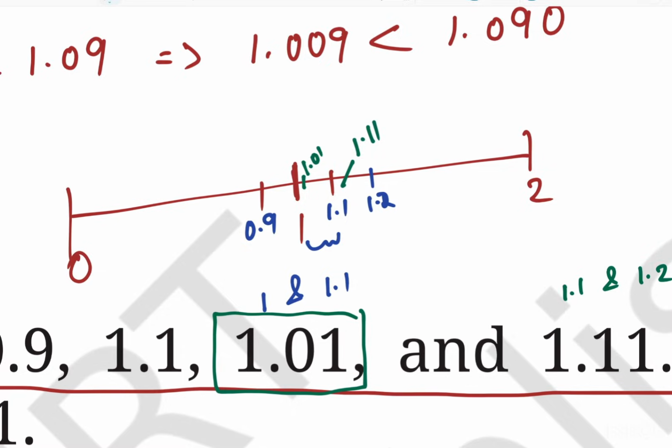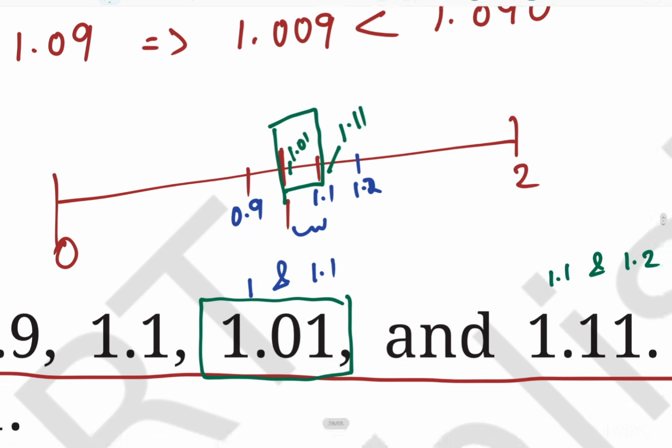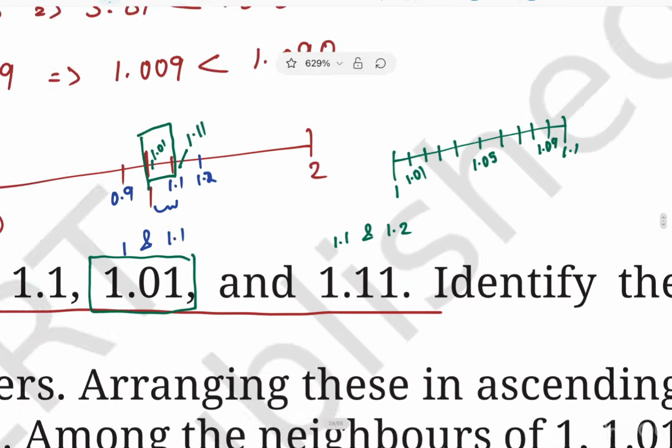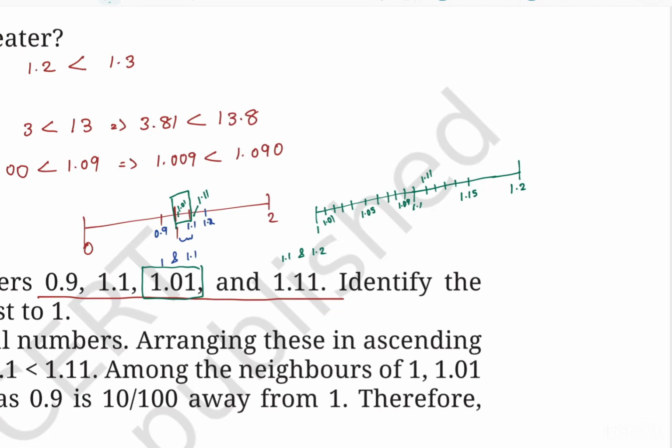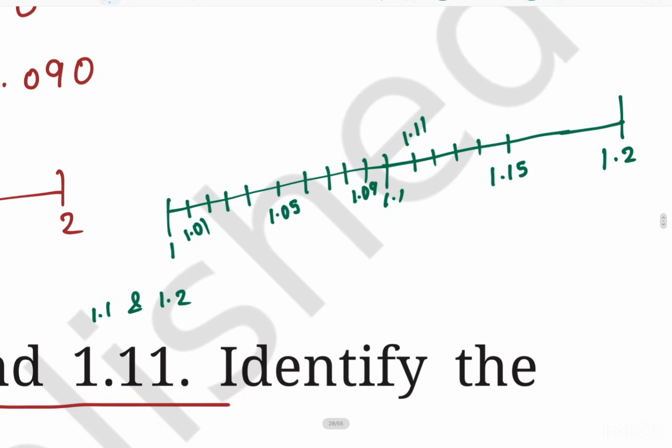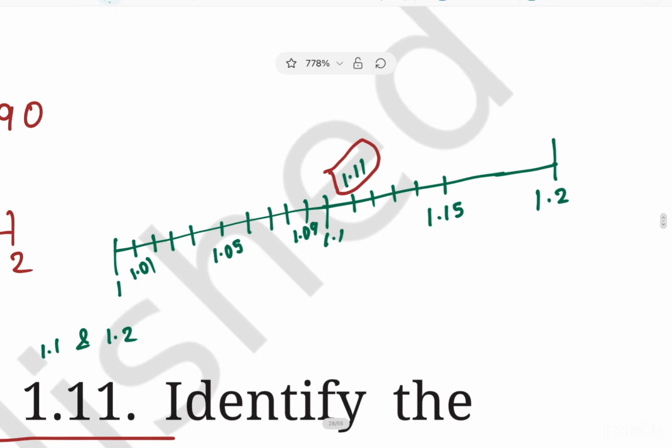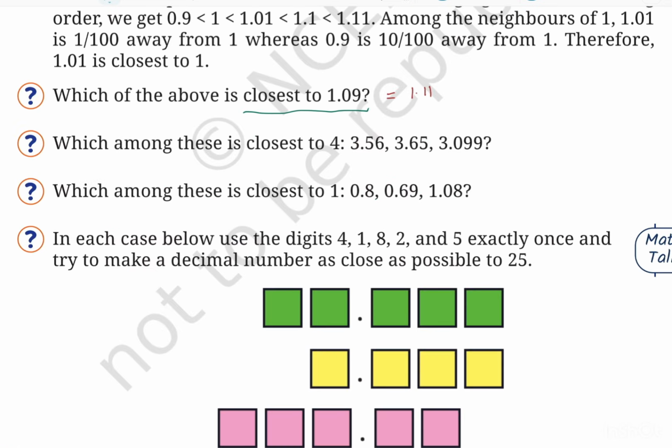When we consider 1.09, it is in between 1 and 1.1. 1.09 is in between 1 and 1.1 and it is very close to 1.11, because there is a two-step jump between 1.11 and 1.09, but to 1.01 there is a long jump from 1.09 to 1.01. So 1.11 is close to 1.09.